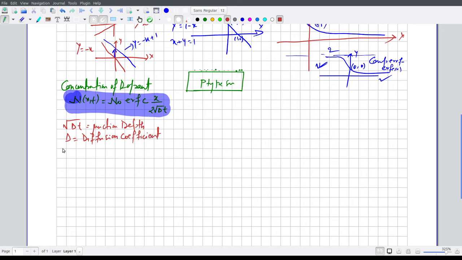And the term x is the direction in which the movement of dopant takes place.